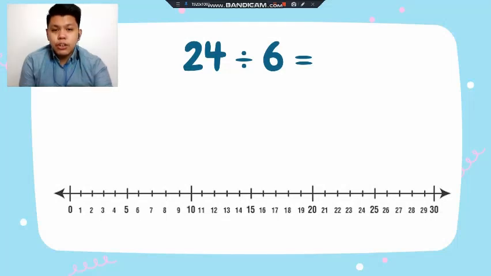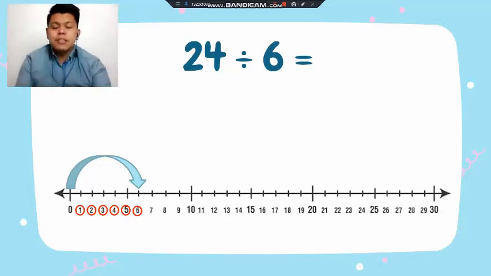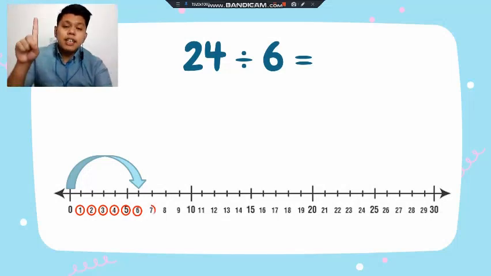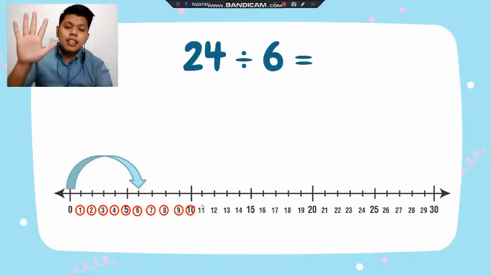So let's start counting. 1, 2, 3, 4, 5, and 6. Okay, so that is our first jump. Let's jump 6 more. 7, 8, 9, 10, 11, 12.